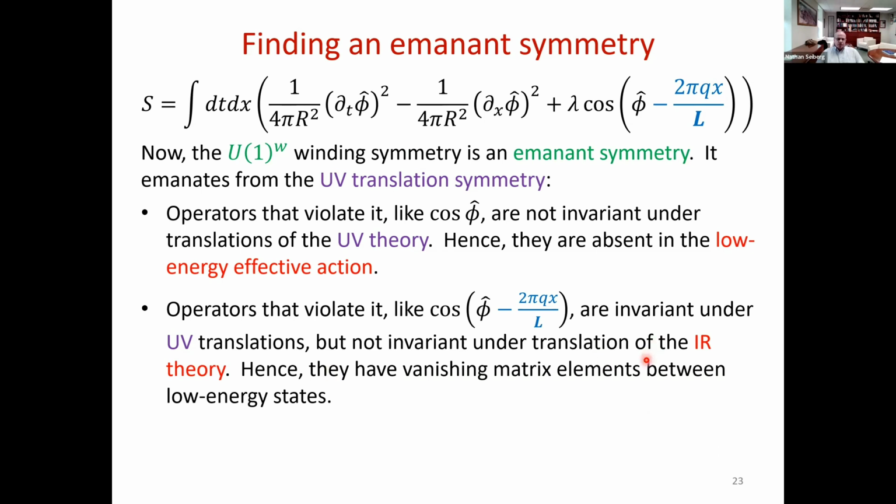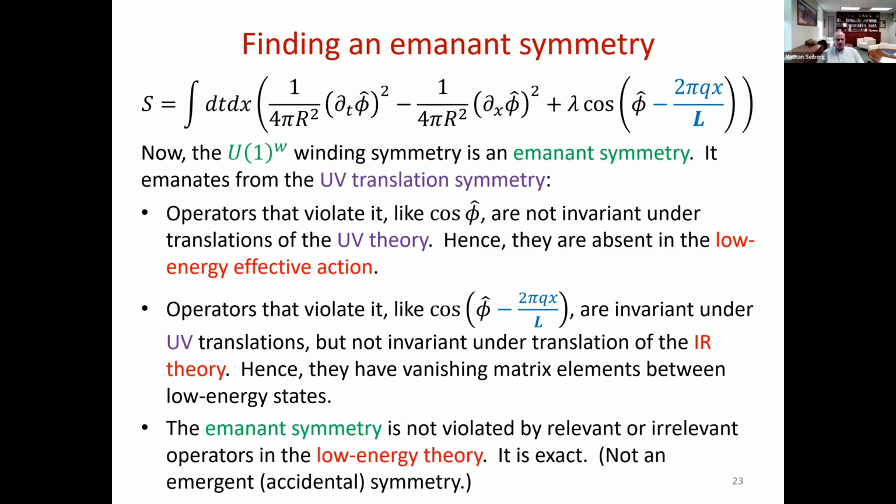It's an emanant symmetry, and therefore it is as if this operator is not there at all. It's not that this operator is not there because it is irrelevant. It is not there, period, because it does not have any correlation functions. So the emanant symmetry is not violated by relevant or irrelevant operators in the low energy theory. It's an exact symmetry, not an emergent and accidental symmetry.